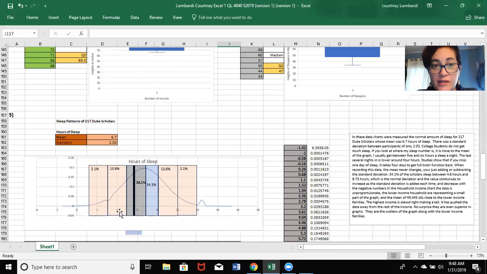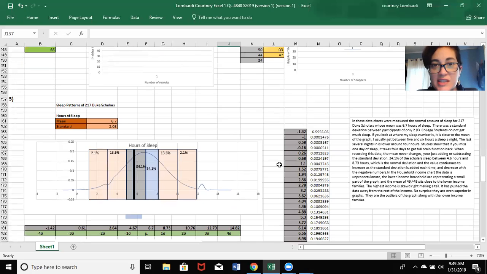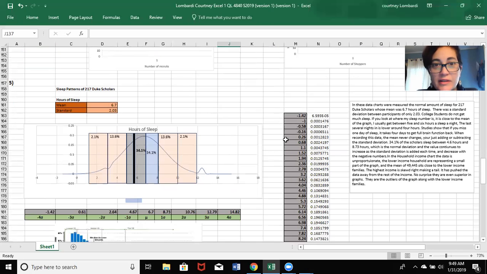So I've been over here at about 4 hours of sleep. And studies show that if you miss one night of sleep, it takes 4 days to get your full brain function back. So we try not to miss a whole night of sleep. We try to at least lay down and get a little rest in between the kids and the homework. And we know that it's just a season, and that hard work pays off.